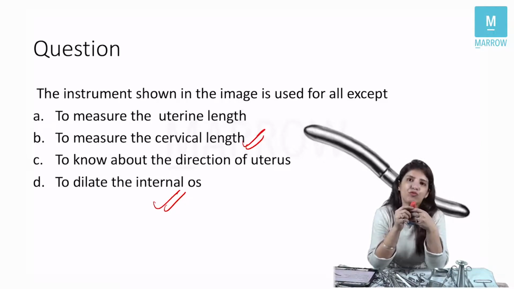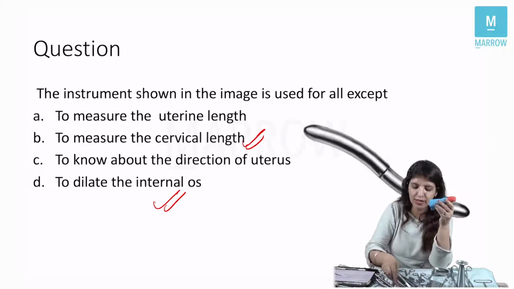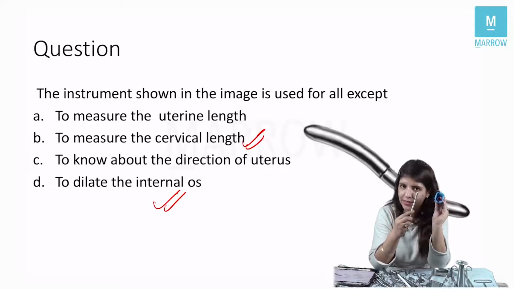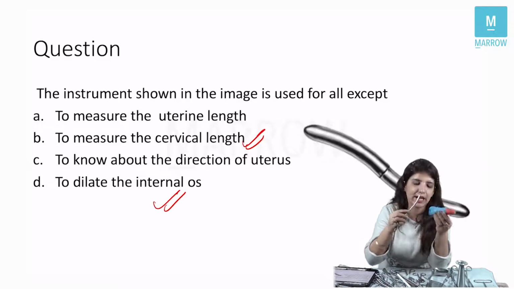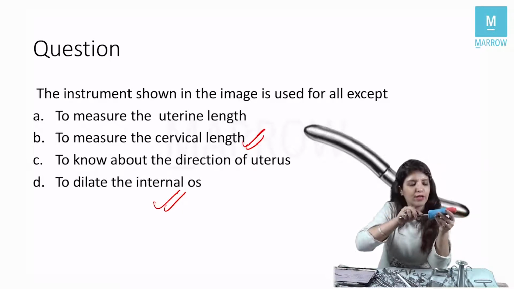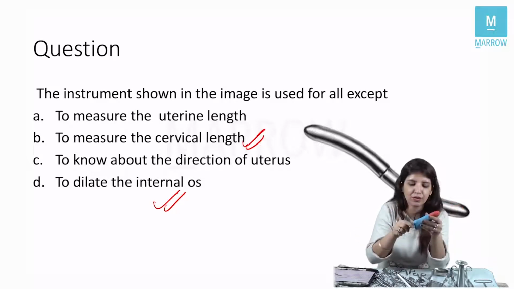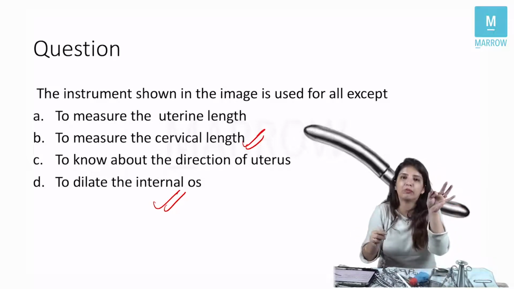In a non-pregnant female, if I have to diagnose cervical incompetence, I can use a number 8 Hegar's dilator. See, normally if the internal os is of normal size, when you put a number 8 Hegar dilator, the female is going to resist, right? Because the internal os would be closed.